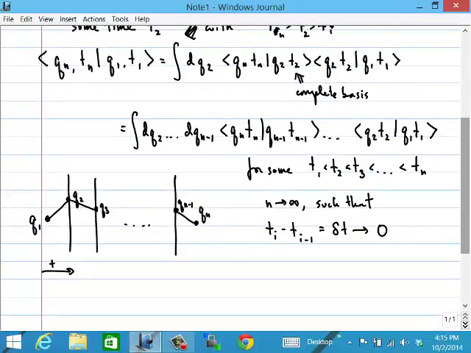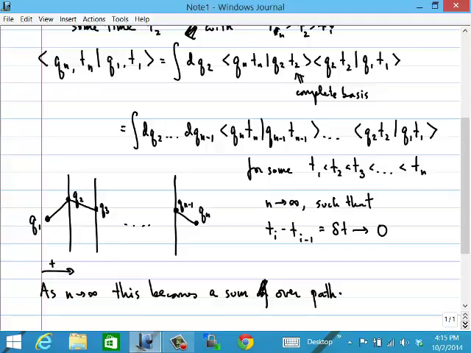So then, if you do that, you can see that in this expression, the amplitude for the particle to go from q1 to qn becomes a sum over all of the possible ways that the particle could go through any possible intermediate position. Okay. So as n goes to infinity, this becomes a sum over paths.